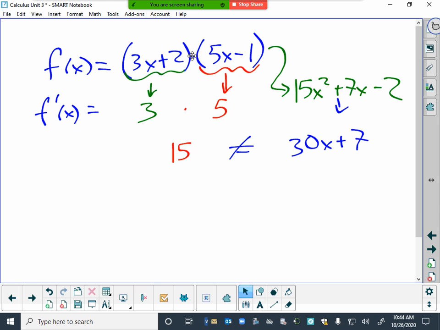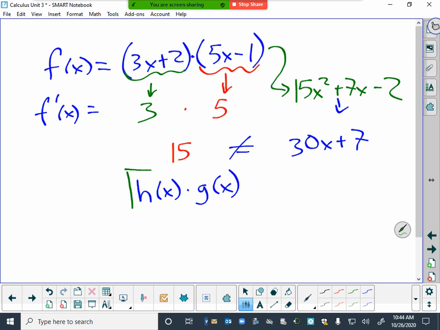But the reason that the multiplication doesn't work this way, if I generalize this and call it an h of x times a g of x, when these things are multiplied together, it's kind of like this thing out here is that constant that I throw out in front that stretches the derivative of g. The difference is that the amount that it stretches by is different every time.